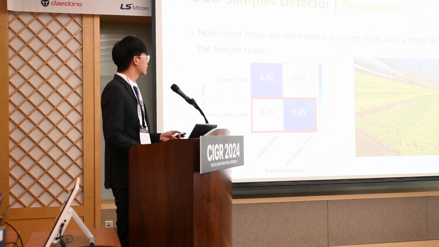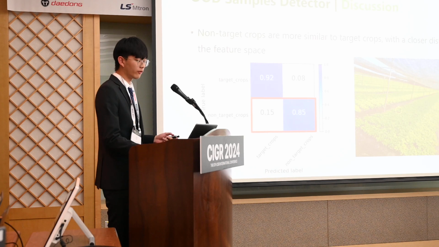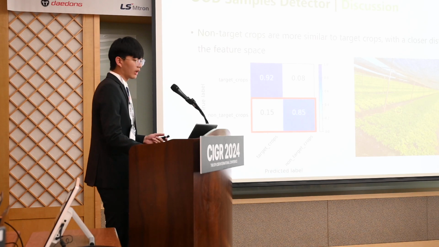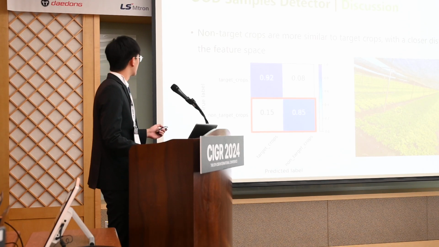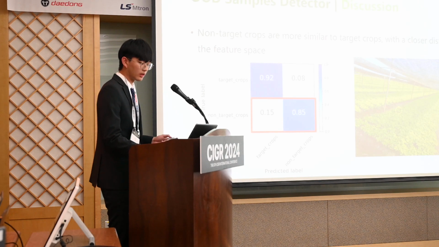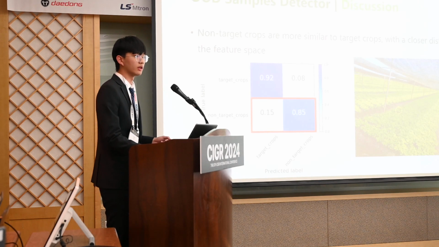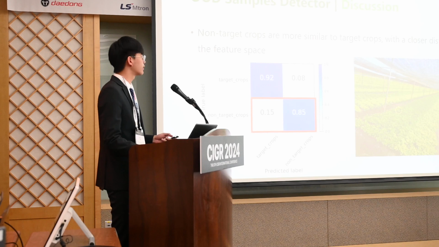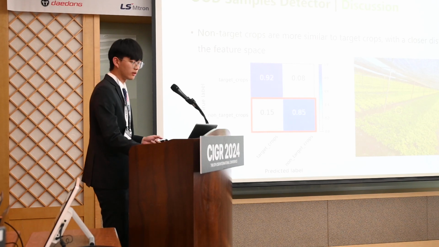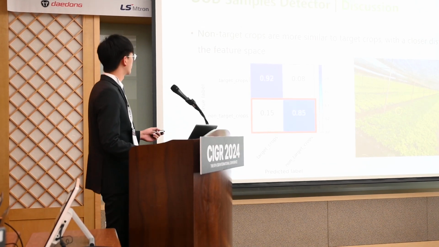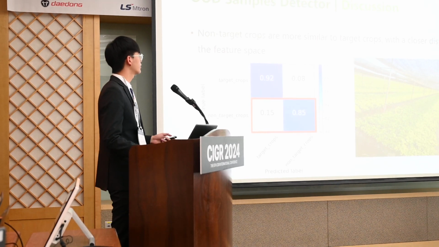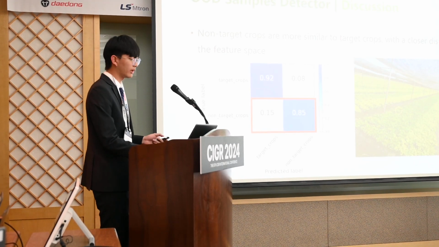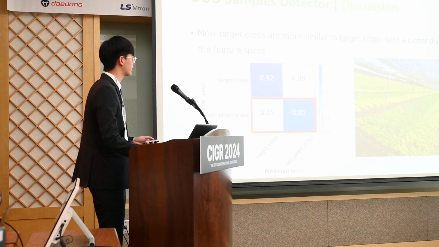Next, I would like to discuss the interpretability of the OD sample detector. I use non-target crops and non-crop images separately as the testing data for the OD sample detector. The non-target crops are more similar to the target crops, with a closer distance in the feature space, making the detector more likely to misclassify between them.